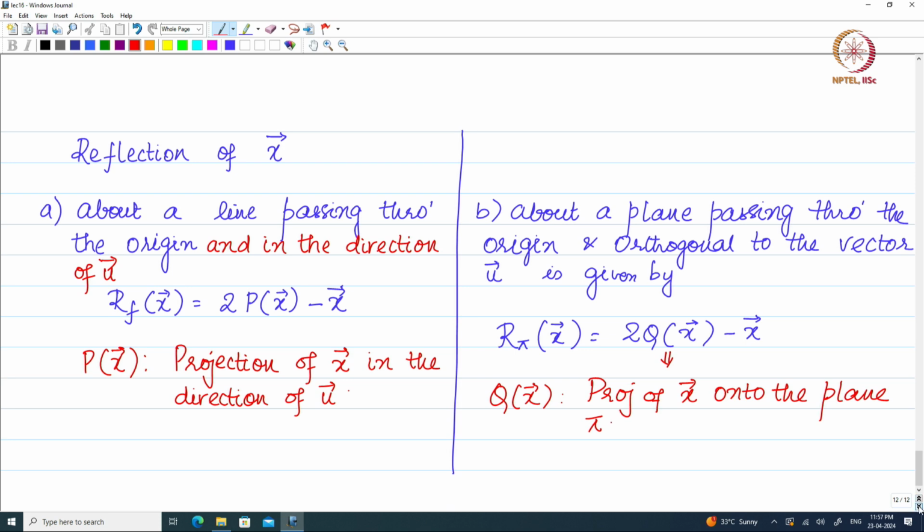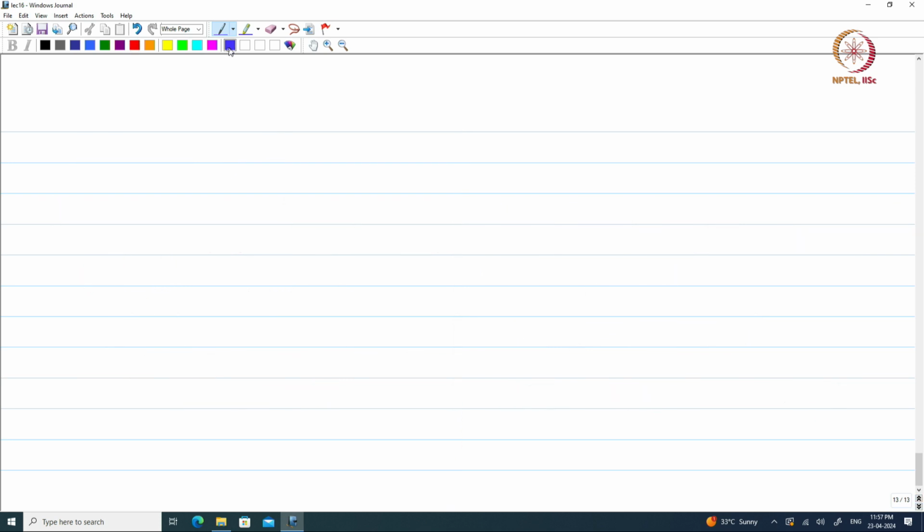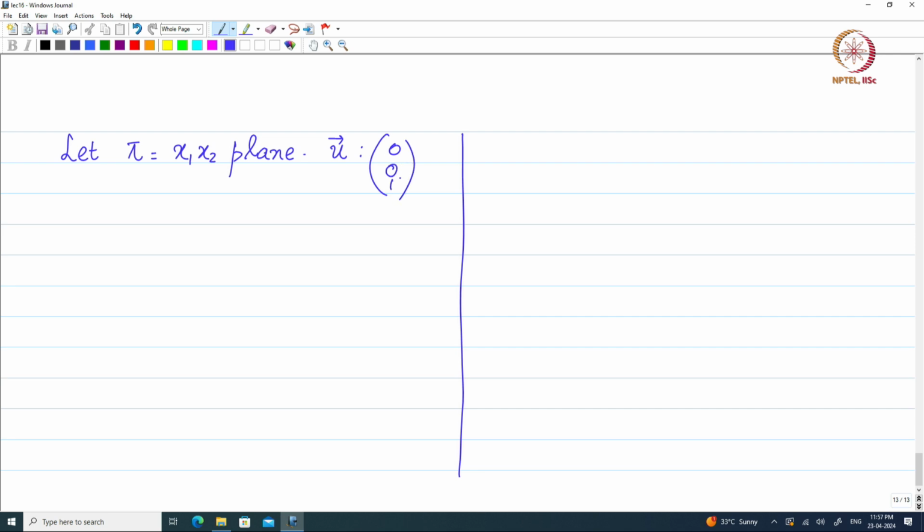So, we could probably even quickly take an example and see what it is. Let pi be the x1 x2 plane. So, the vector u perpendicular to the plane will be the vector along the x3 axis, which is 0 0 1.